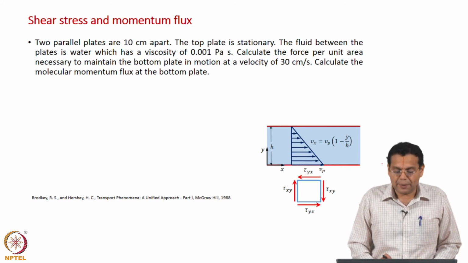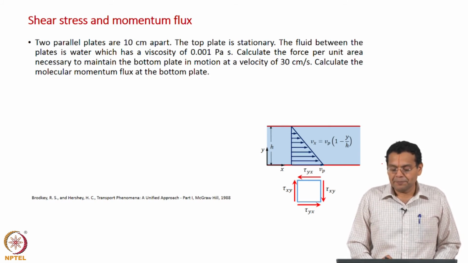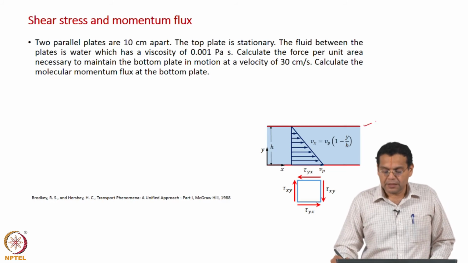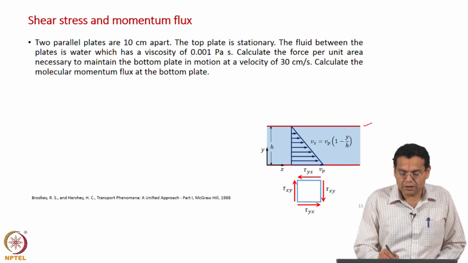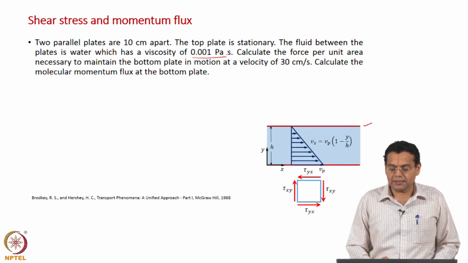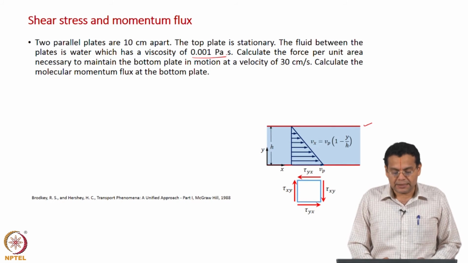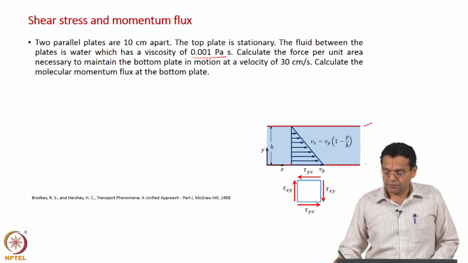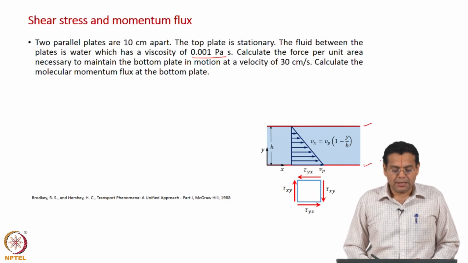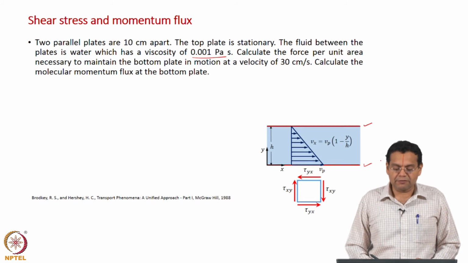Two parallel plates are 10 centimeters apart, the top plate is stationary, the fluid between the plates is water which has a viscosity of 0.001 Pascal second. Calculate the force per unit area necessary to maintain the bottom plate in motion at a velocity of 30 centimeters per second. Calculate the molecular momentum flux at the bottom plate.